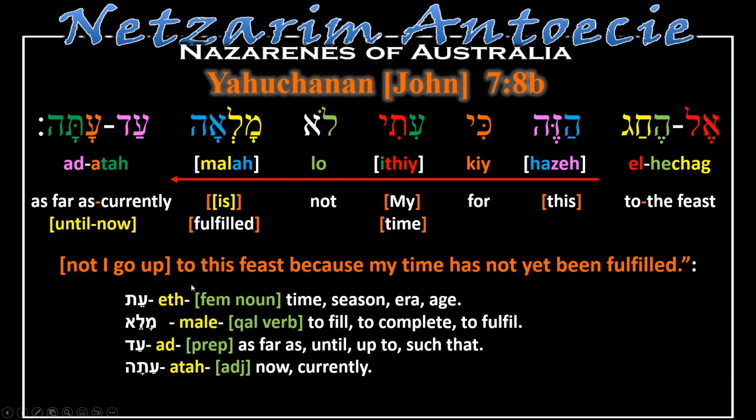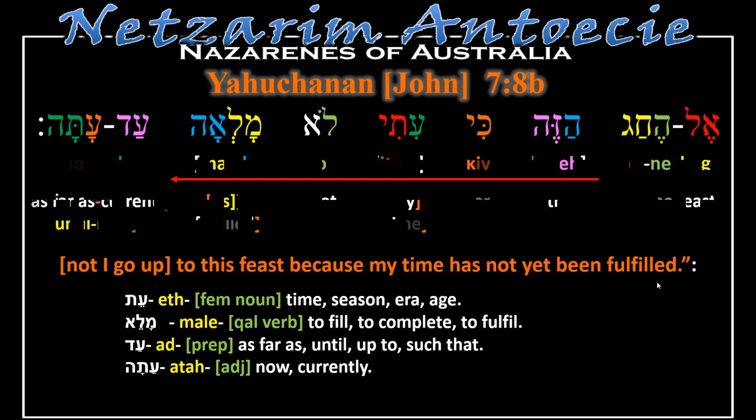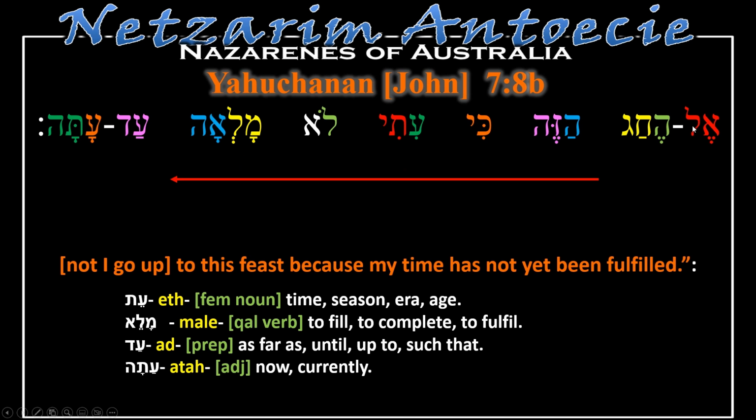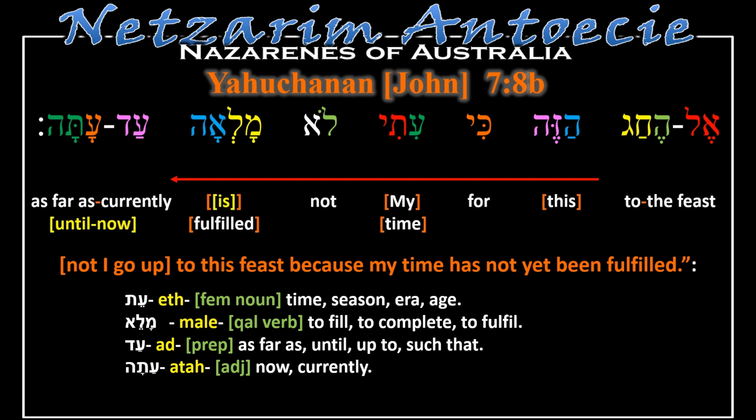So therefore, not I go up to this feast because my time has not yet been fulfilled. So now we can read that. And it is El He Chag Ha Ze Ki Iti Lo Mala At Ata. To the feast this, for my time not is fulfilled as far as currently or until now.